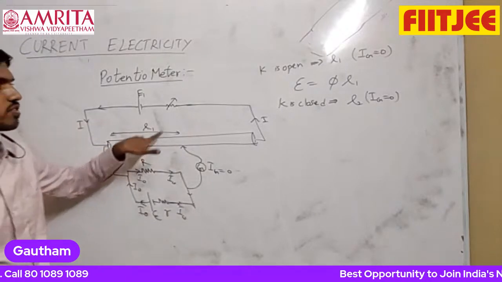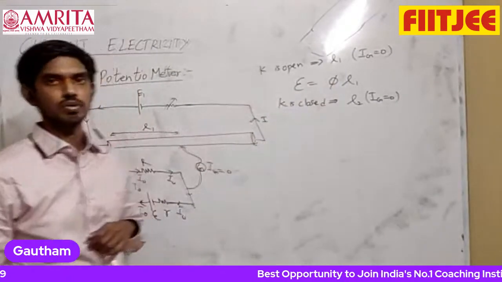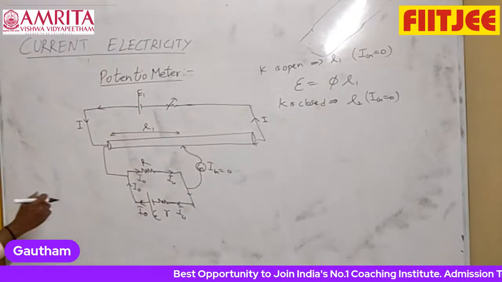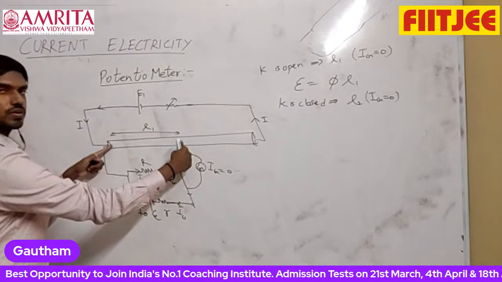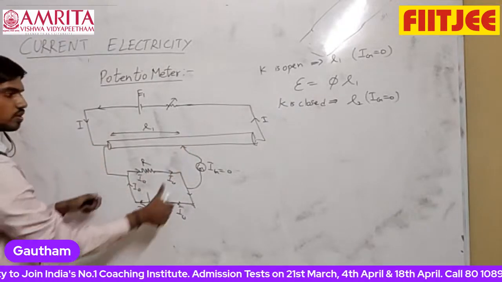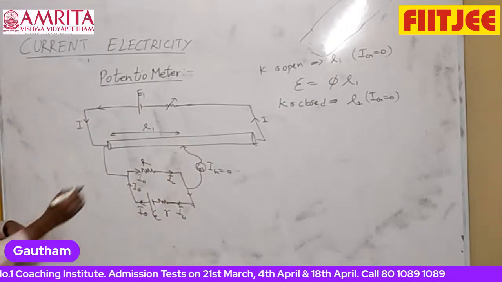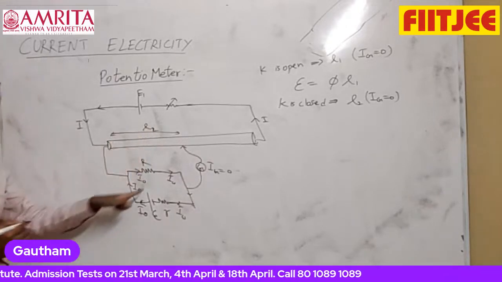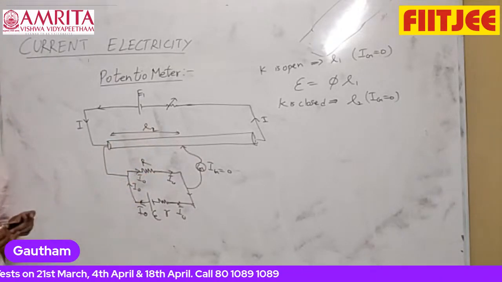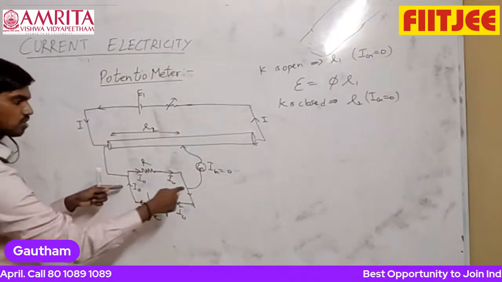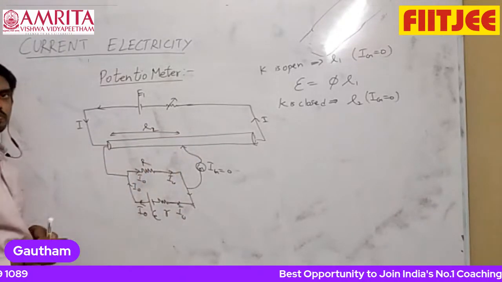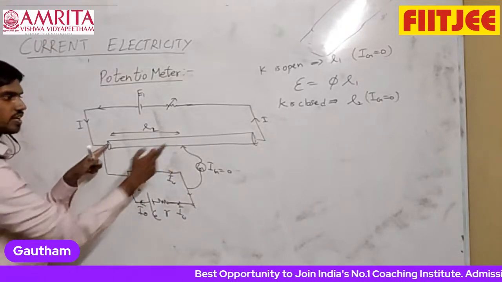So this potential difference, that gradient, everything will still be the same. So now what we can say is this potential drop is equal to this potential drop. That's why no current is flowing. So now you are getting some length L2 because the key is closed. This resistor is part of the circuit. So this potential drop is equal to this potential drop, which you know is phi into L2.